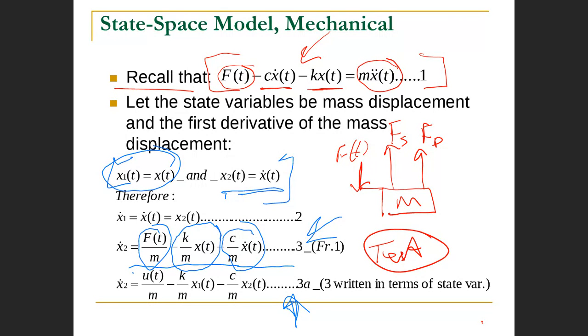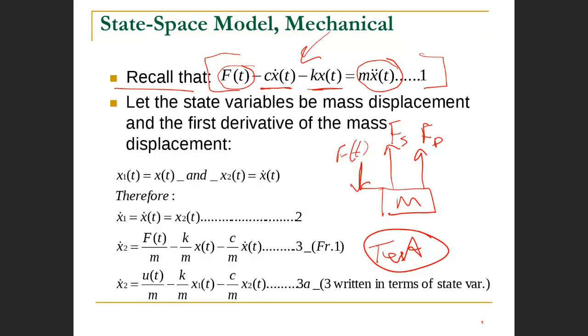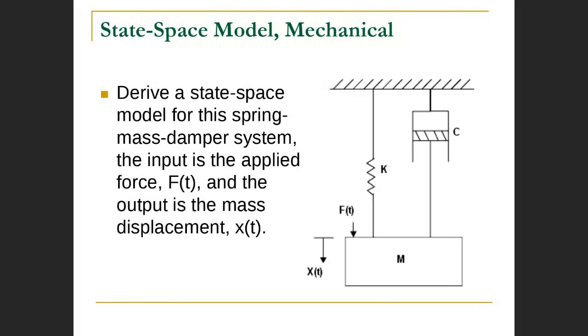Okay, that's it. So now we need to write it into matrix format. I showed last week how we moved to that stage. We could group them in terms of x1, x2, and u in that order.